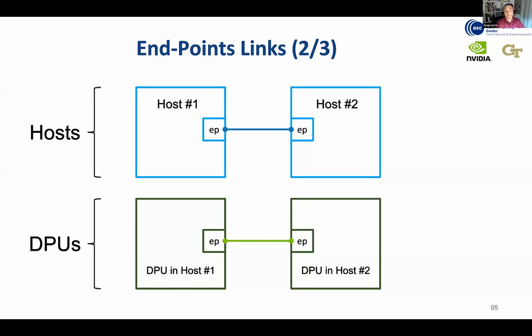Then we can connect the communicators and all that stuff at a higher level. But this is what's happening at low level using PMIx. What OMPC does is to establish the cross-device communication, host to DPU and DPU to host.